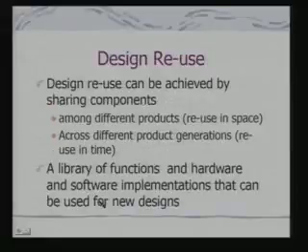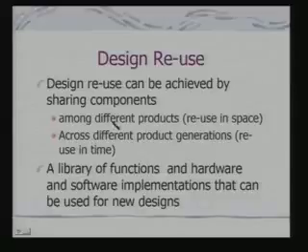So once we have that, obviously this would enable design reuse. Design reuse can be achieved by sharing components among different products. This is called reuse in space. This can also be done across different product generations, which is called reuse in time.